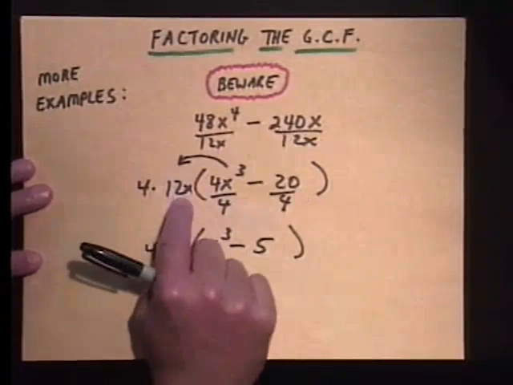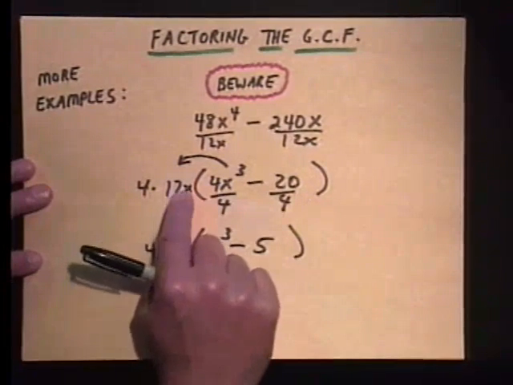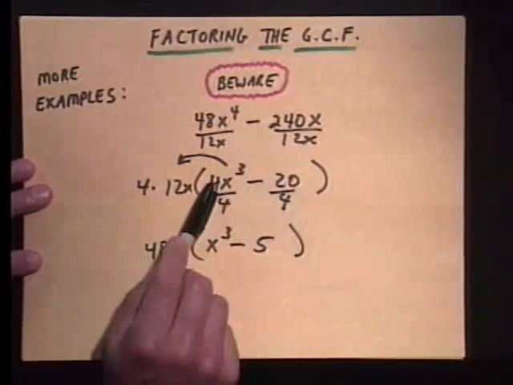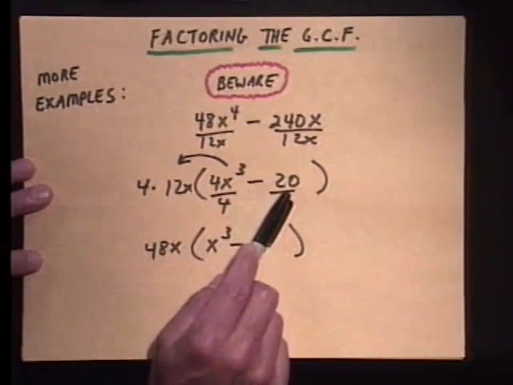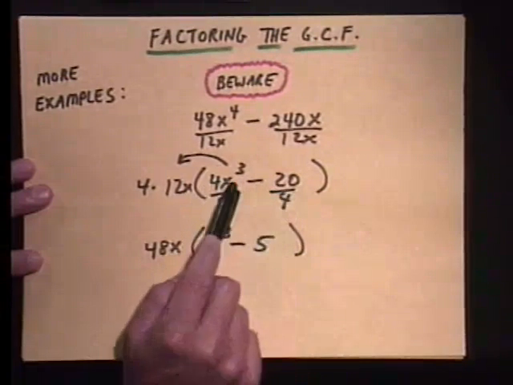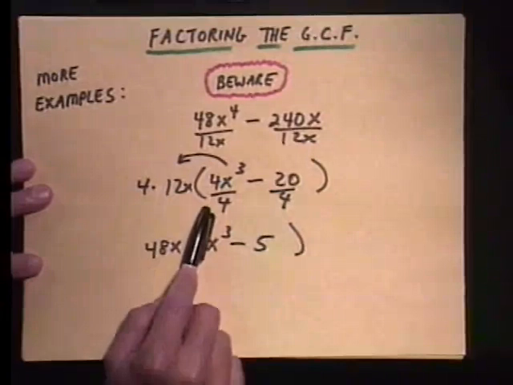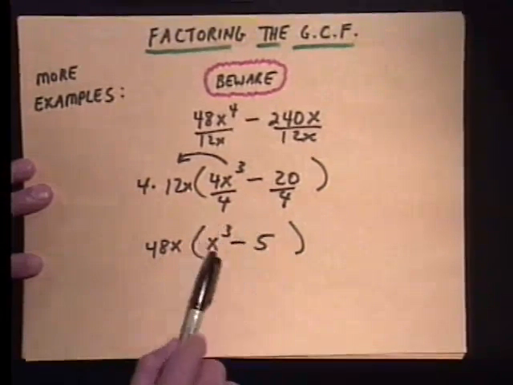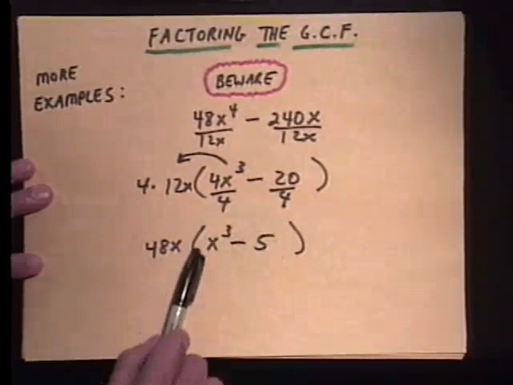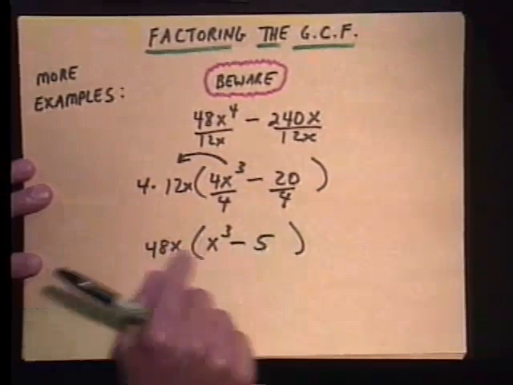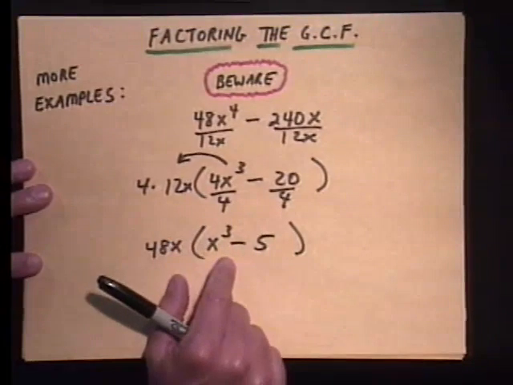I just took out a 12, but when I took out the 12 and the x, which we found was in common, I was left with the 4x cubed minus 20, and I said, aha, there's still something that goes into each one of these, so I had to take the additional 4 out. So not only check by distributing it back through, make sure that in all parentheses there's nothing left in common here, and that will be a common theme throughout the rest of our factoring adventures.